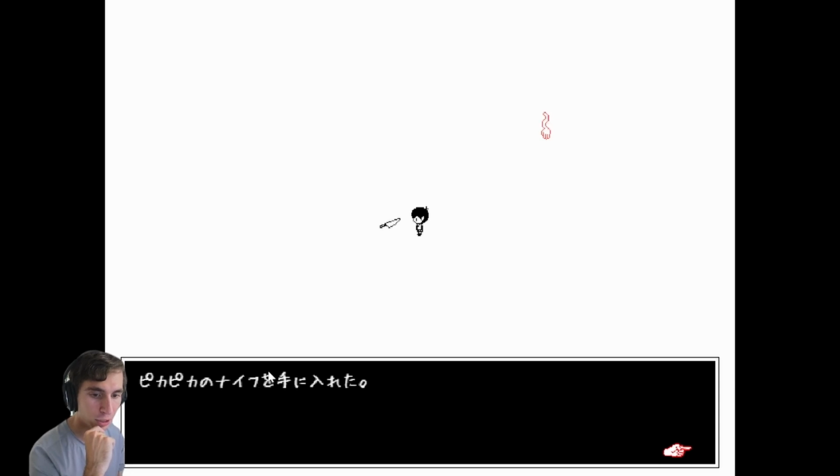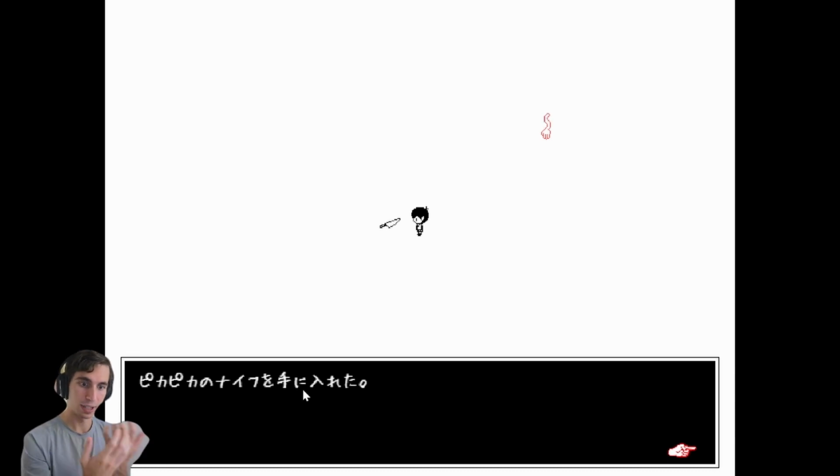Oh, so again, object marking particle. And then te ni ireta. So te is hand, and then ni, again, it's kind of like that direction marking or where it's going. And then ireta. So it's literally translating to entered my hand.